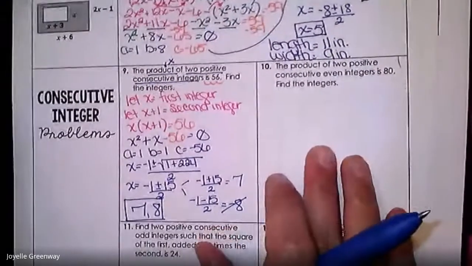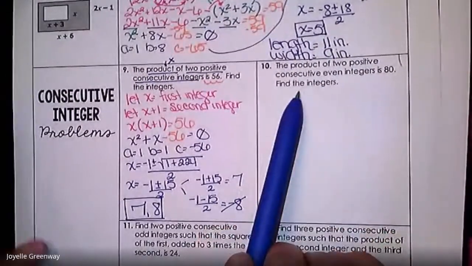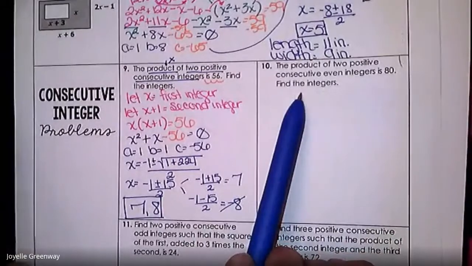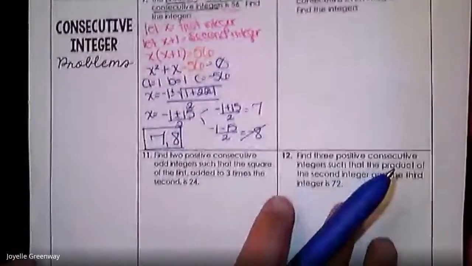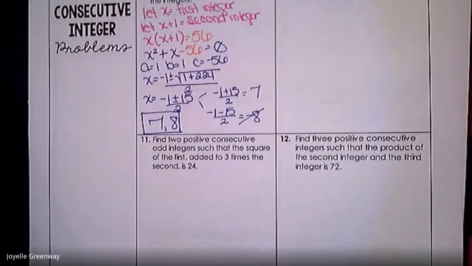So the reason why I'm not going to do number 10 is because it's very similar to example number 1 that we did in our notebooks. So let's look at 11, because this one's a little bit different. It's the same, but a little bit different.